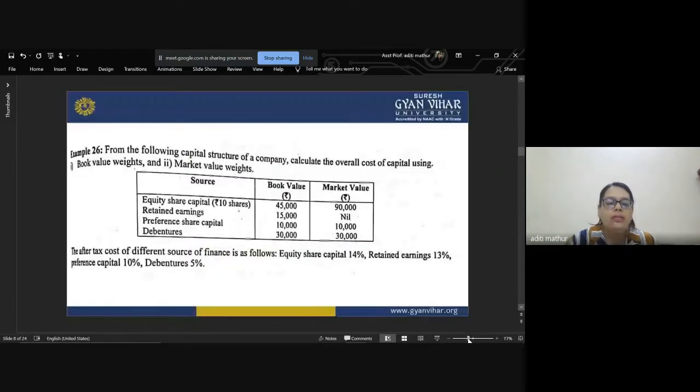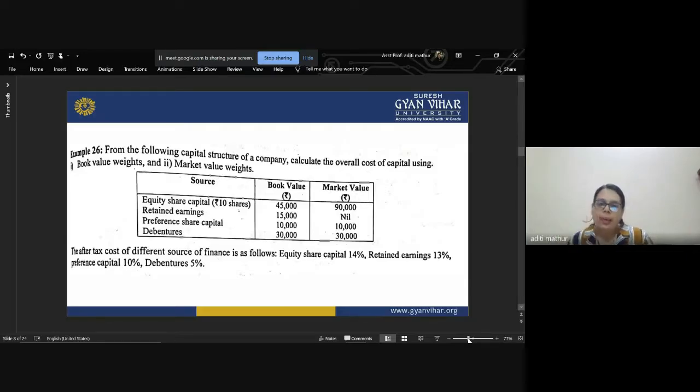Now let us solve another very important question to understand how to calculate when you are given two situations. From the following capital structure of a company, calculate overall cost of capital using book value weights and market value weights. So in this case, they have given you two valuations of your sources of fund.